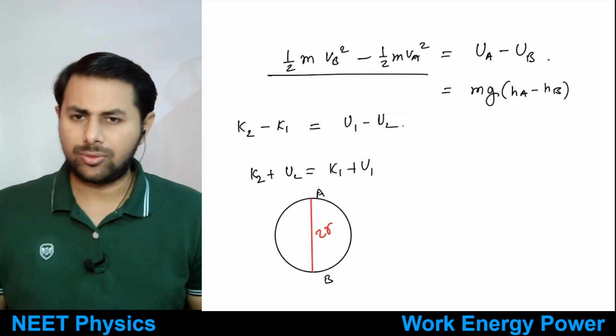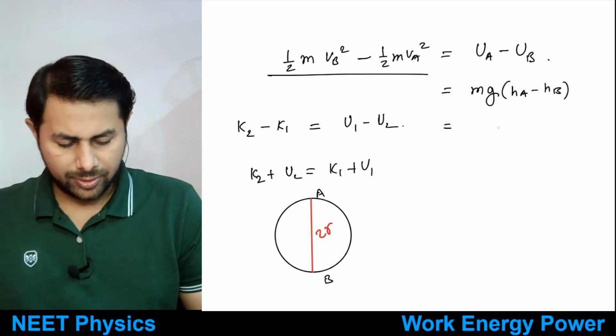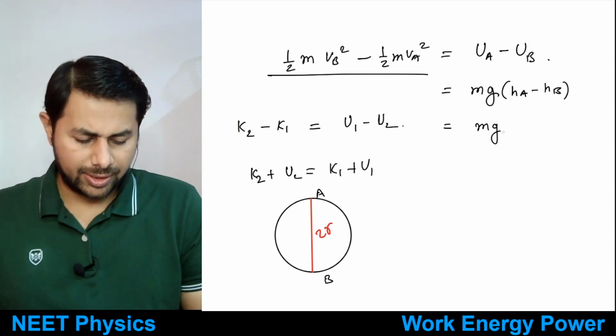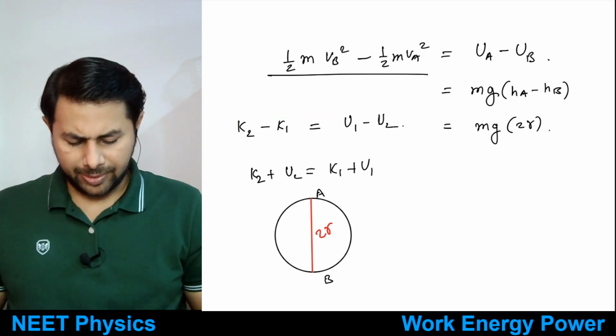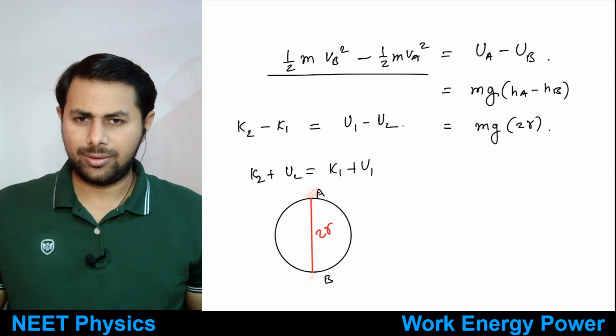It's equal to 2r. So you have mg multiplied by 2r, the difference in heights of A and B, okay?